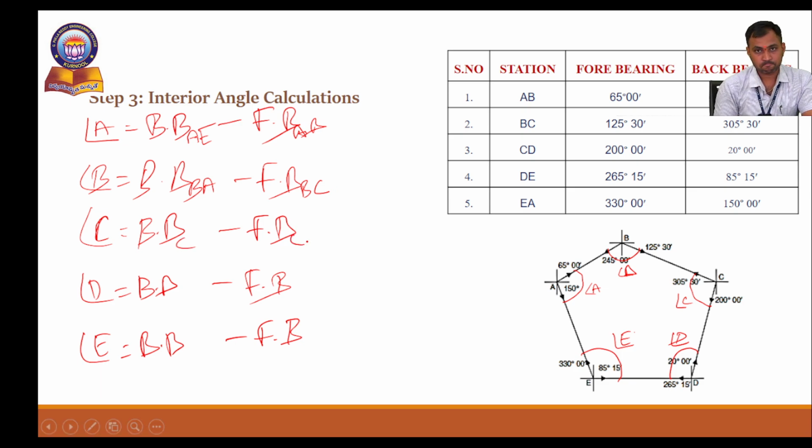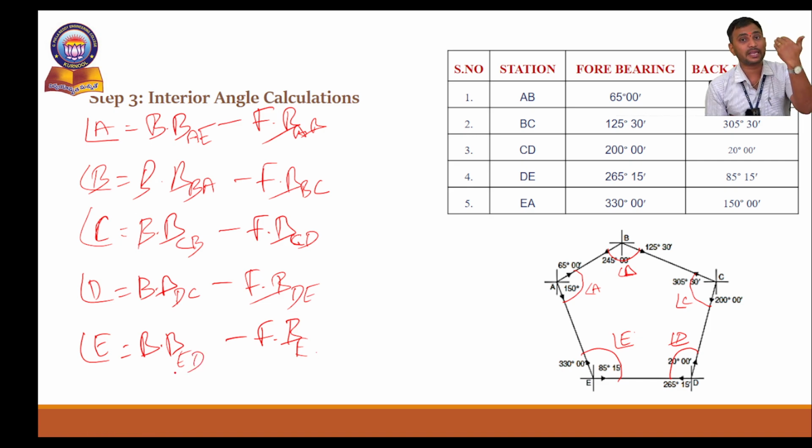B. Next, forebearing for C is D. Next, the same for D: back bearing of D means D to C, forebearing of D means D to E. Next, back bearing of E means E to D, and the forebearing of E is A. So it is a closed traverse.